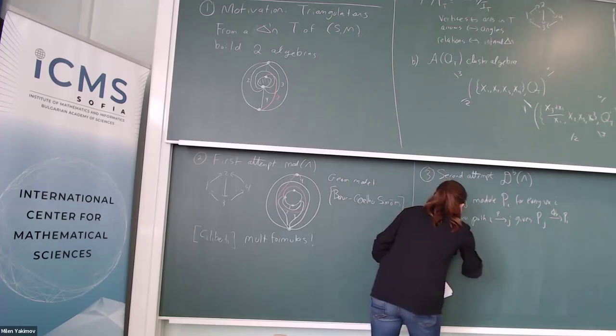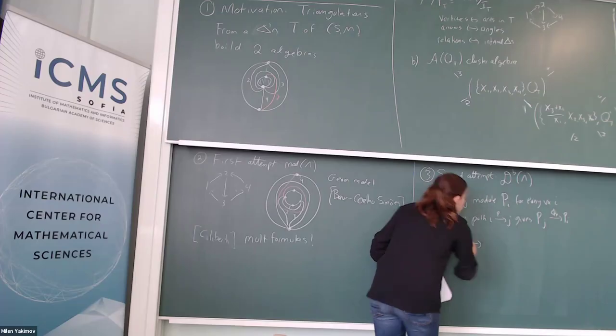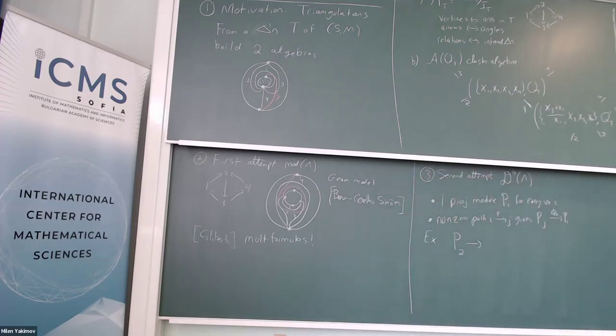So we could have, let's start with P2. Okay, and P2 has, 1 goes into 2 and 4 goes into 2. So reverse, I can map P2 to P1 and from P2 to P4.